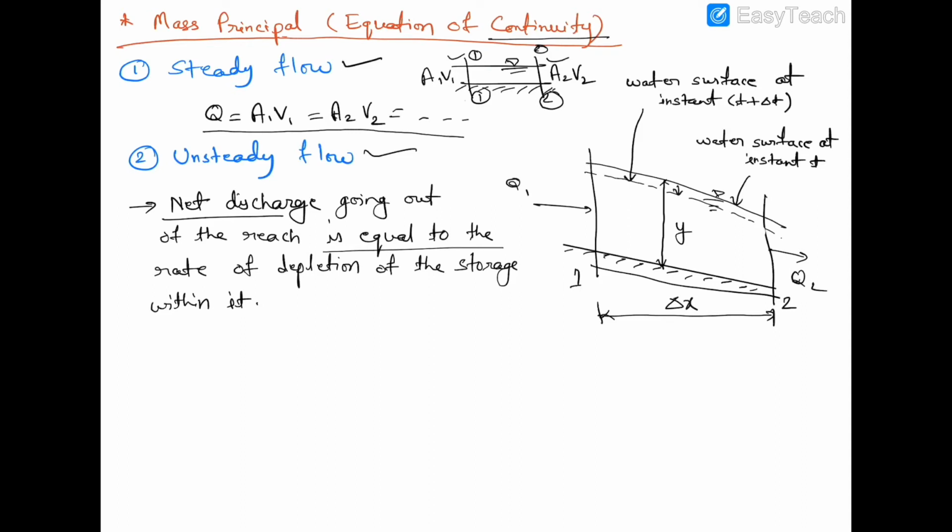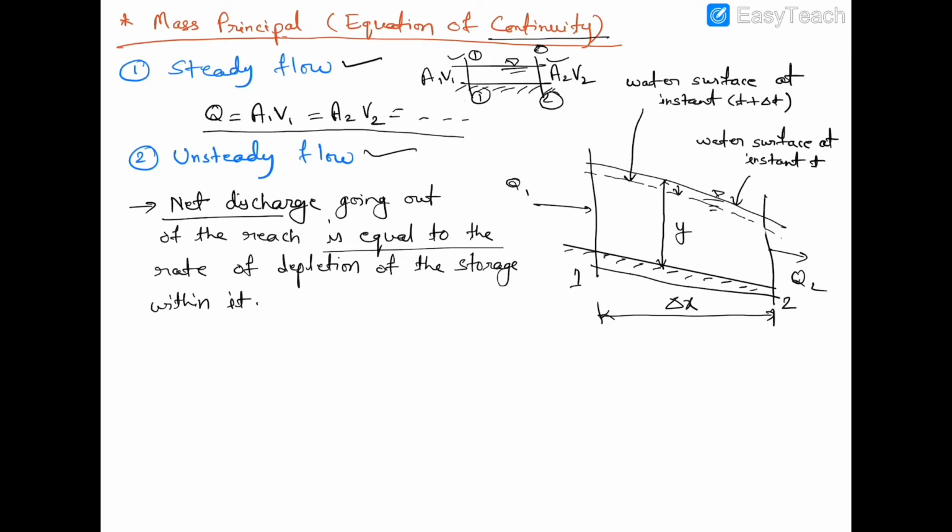Whatever discharge is going out of the reach that we have considered is equal to the rate at which the storage within the reach is depleting. Or in other words, we can say the net discharge coming into the reach is equal to the rate of increase of storage within the reach. This is also the statement of the continuity equation in case of unsteady flow.